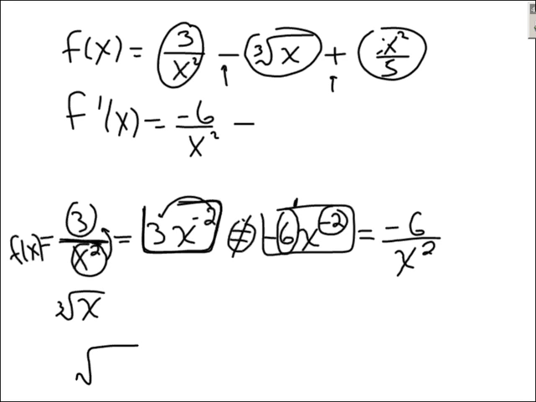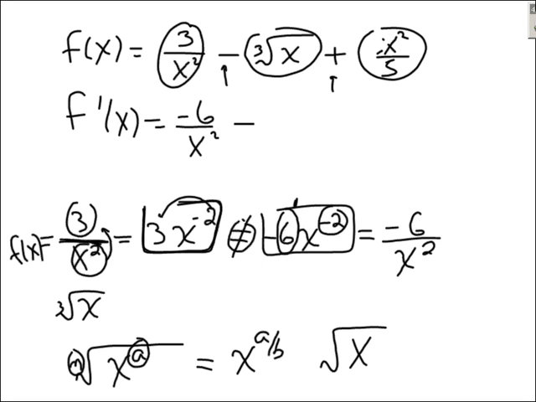Remember that you have the nth root of x to, say, the a power. This is x to the a over b. And if any one of these numbers is not there, say you just have the square root of x, what you need to realize is two things. This is shorthand notation.